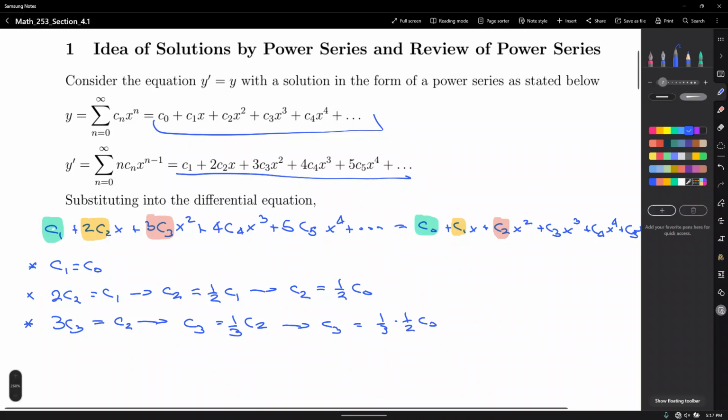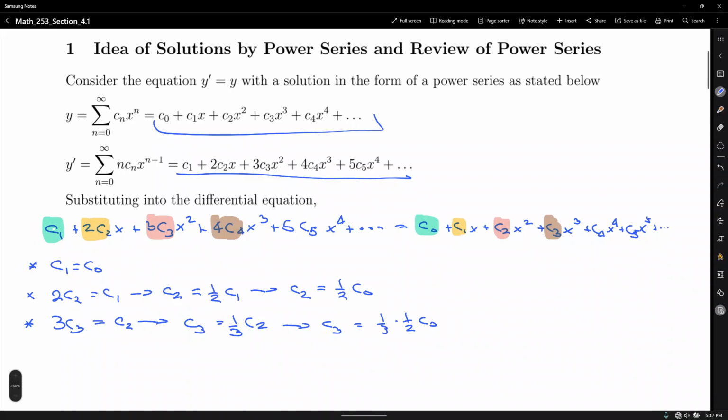All right. Let me just do one more. Actually, we don't have to do that many, but let me just do one more. The coefficient of x cubed equals the coefficient of x cubed.